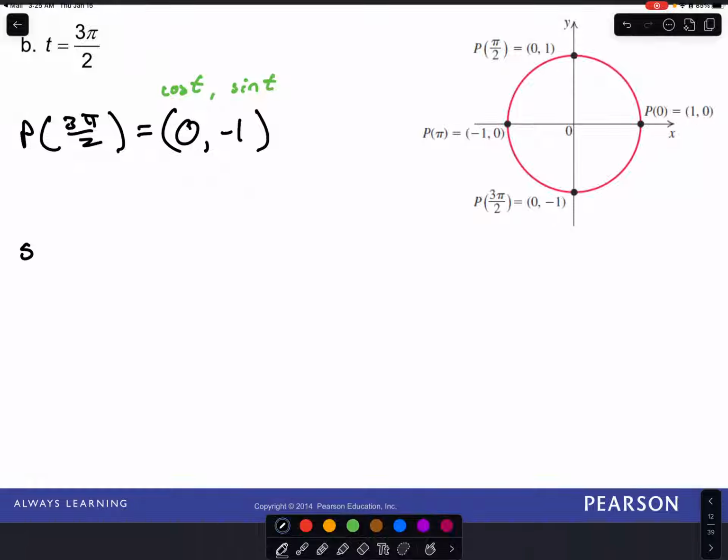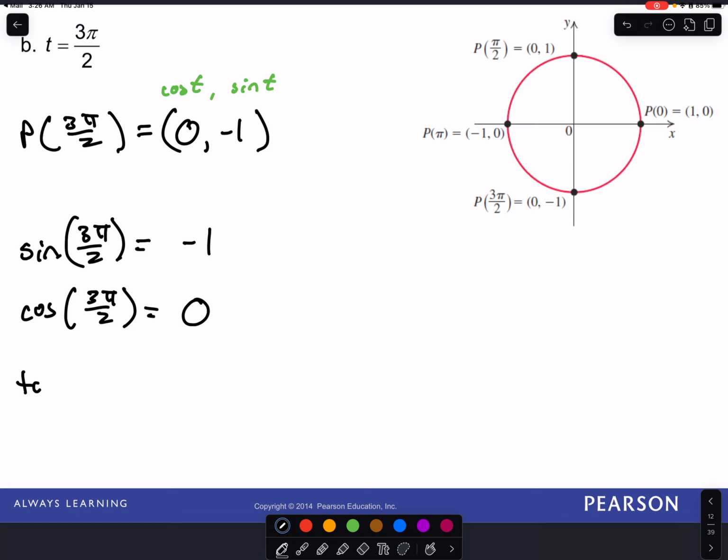So the sine of 3 pi over 2 looks like it's going to be -1. The cosine of 3 pi over 2 is going to be 0. And then the tan of 3 pi over 2, sine over cosine, looks like it's undefined.